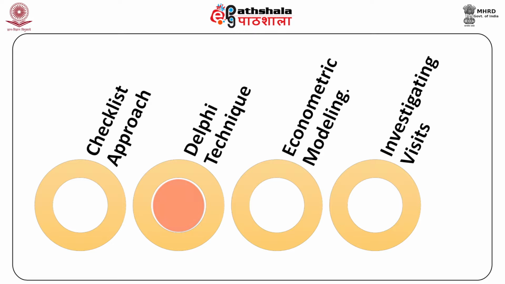As per this technique, country risk is analyzed with the help of collected independent opinions without group discussion. The MNC can average these country risk scores and assess the degree of disagreement by analyzing the deviation of the opinions.